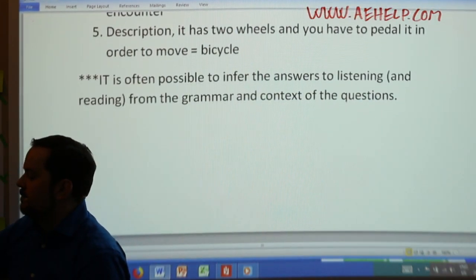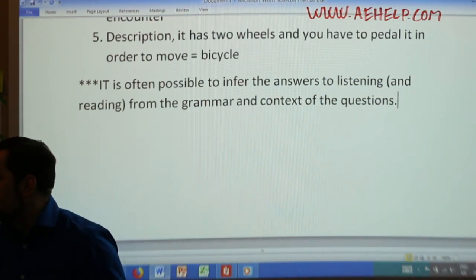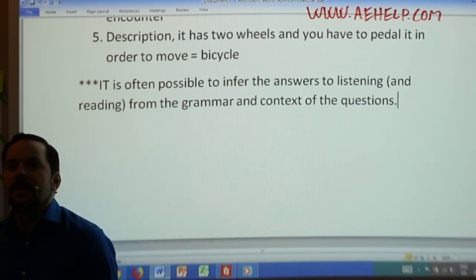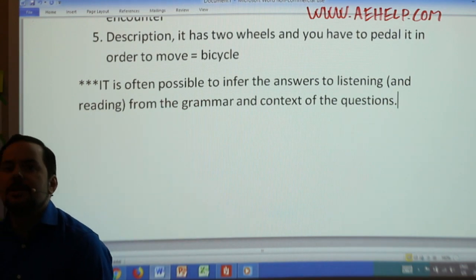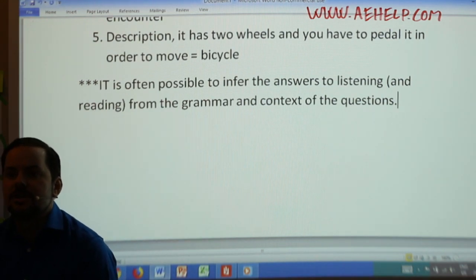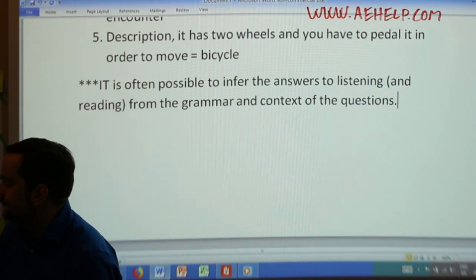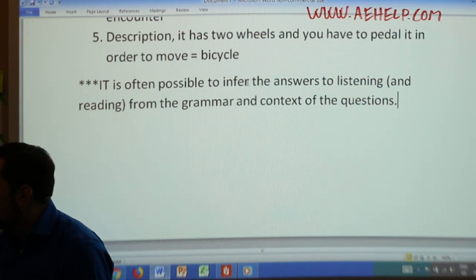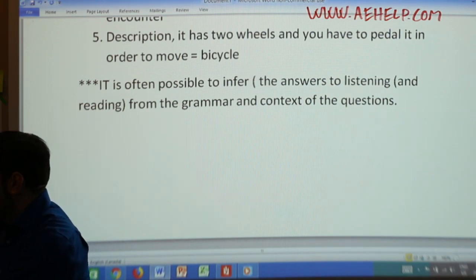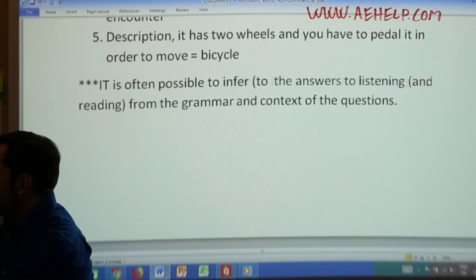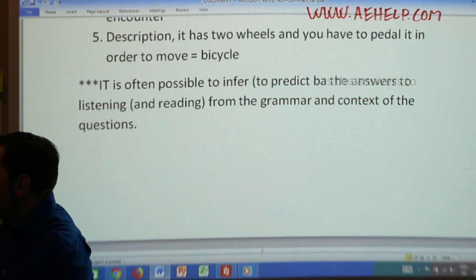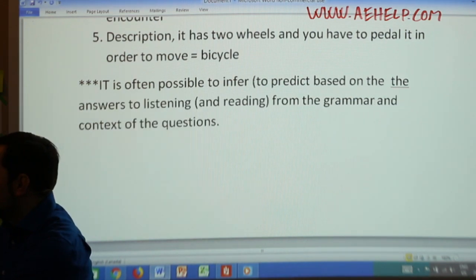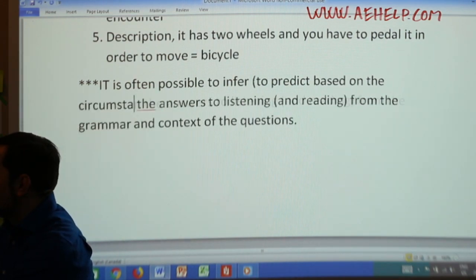So it is often possible to infer the answers to listening and to reading from the grammar and context of the questions. Infer means to predict as well, yeah. It means to predict based on the circumstances.